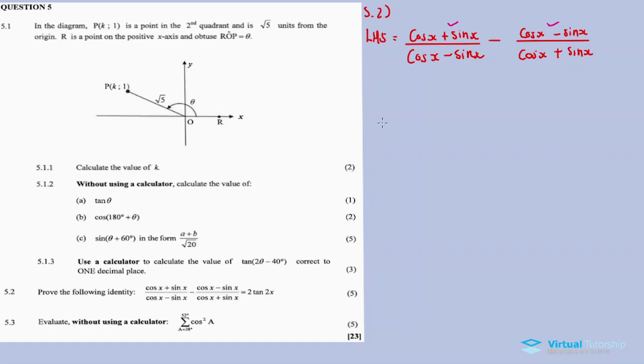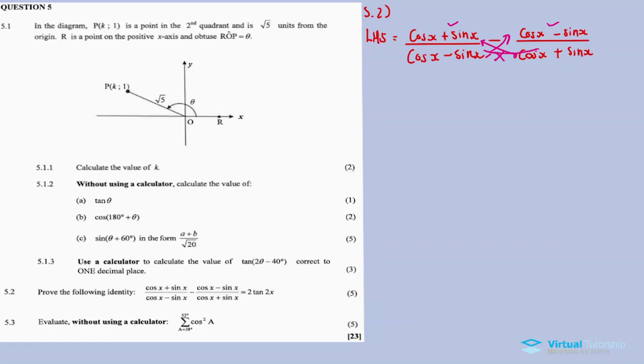So either we find the LCM and multiply each fraction and then divide by that LCM. But how about this one? We will use the butterfly method for solving fractions. This denominator you multiply by that numerator, and this denominator you multiply by that numerator, and then the denominators you multiply together.